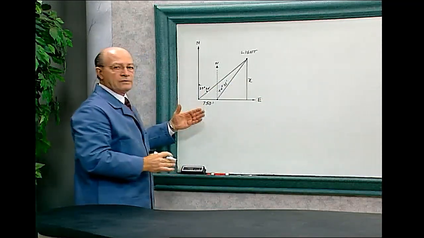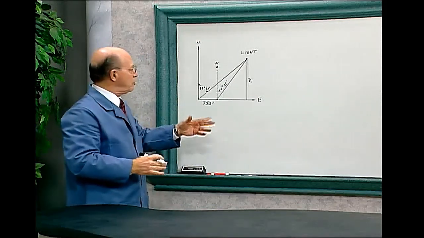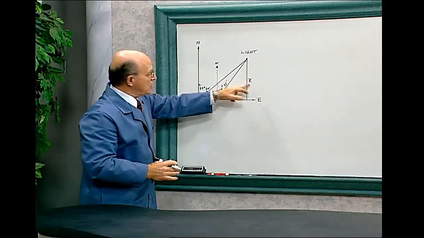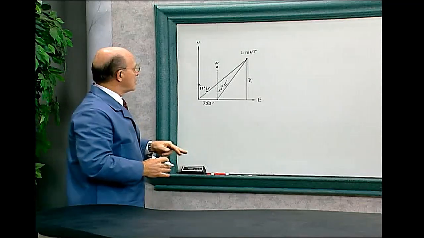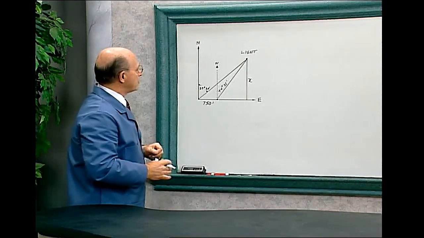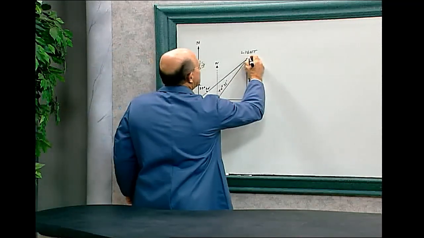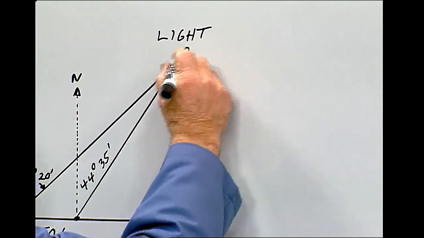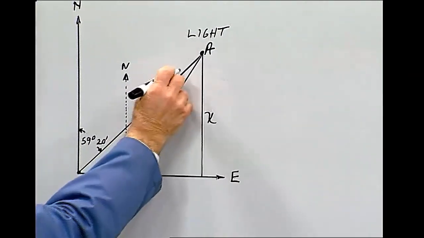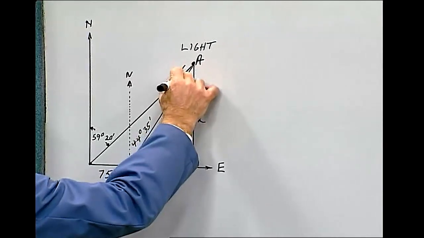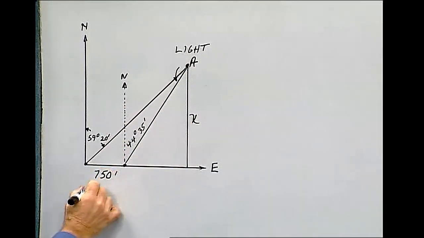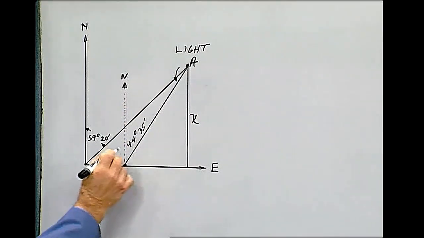And with the law of sines and trigonometry, we can find this distance. Let's start to solve the problem. Let's label this angle as A, the angle that we want to find out over here. And this will be small a.